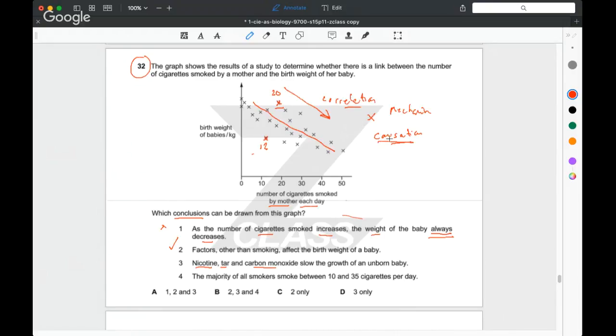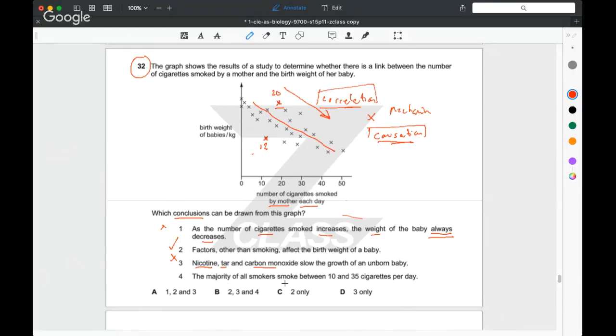And only then can you say, well, in our case, just making that up, that the carbon monoxide actually is the reason for this correlation. Now, just because all we've got at the moment is a correlation, you can't claim yet a causation. So that claim for a causation is not yet proved because we haven't proved the mechanism connecting the causation and the correlation.